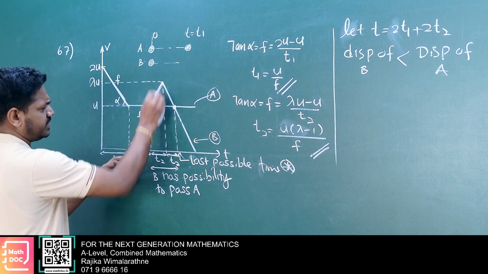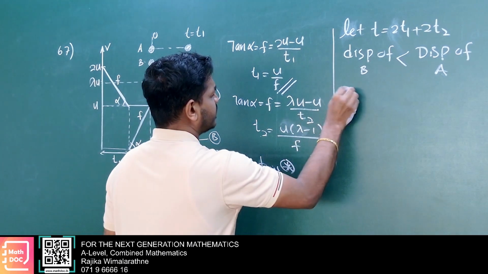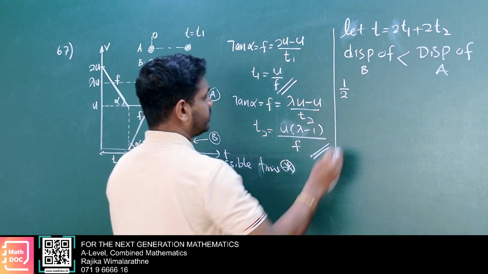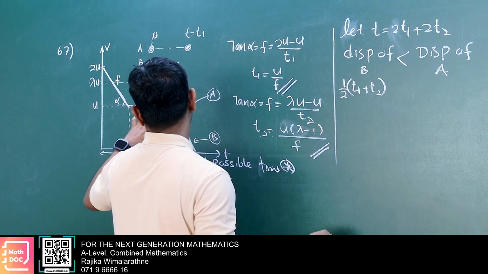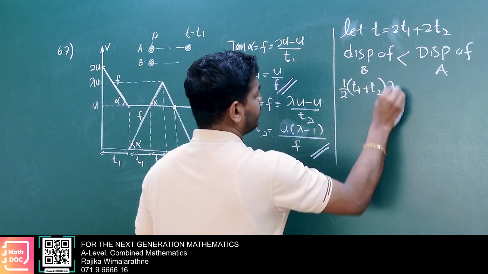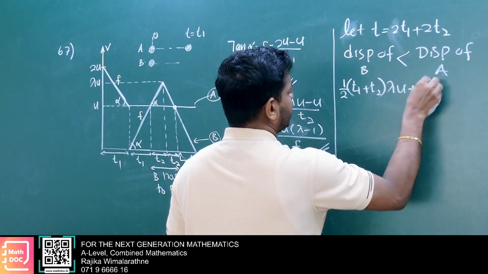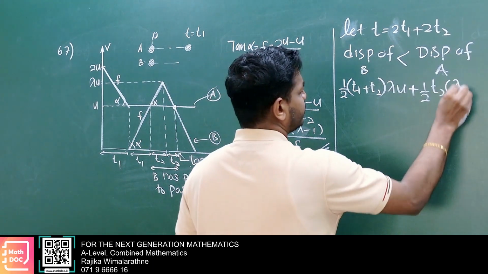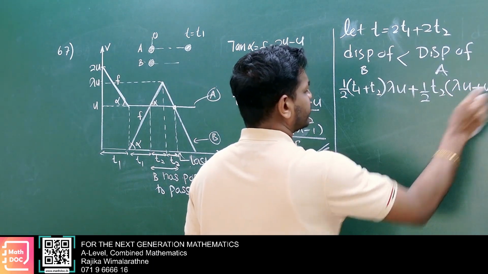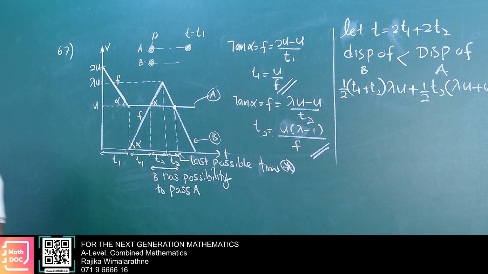Displacement of B here is triangle plus trapezium: half into T1 plus T2 into lambda u, plus trapezium half into T2 into lambda u plus u. Continue.